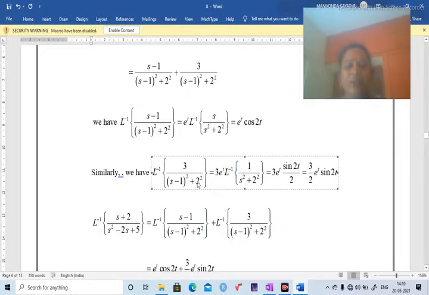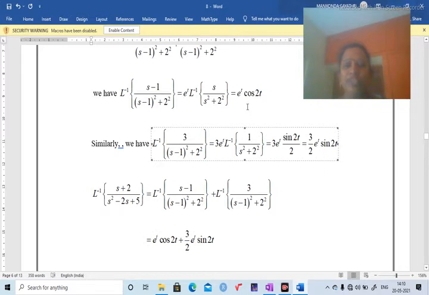Here 3 outside, minus 1 is there, that's why e power t, L inverse of 1 by s square plus 2 square. This is the formula for sin 2t by 2. So, again rearranging, we are going to get 3 by 2 into e power t sin 2t. Now, substitute these two values.